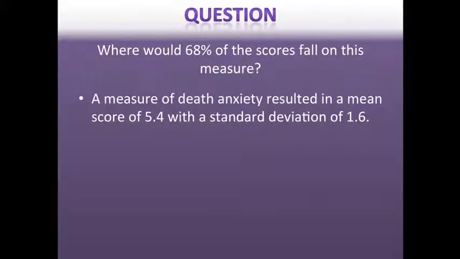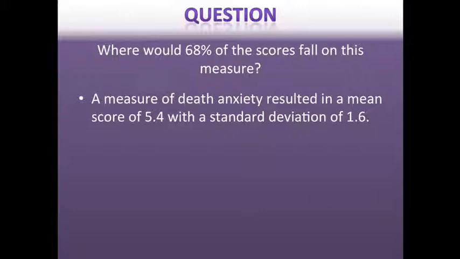All right, so here's a chance to practice doing your standard deviations. So if you had a measure of death anxiety that resulted in a mean score of 5.4 with a standard deviation of 1.6, where would 68% of the scores fall on this measure? All right, so you take 5.4 and you subtract 1.6, and you also take 5.4 and you add 1.6.